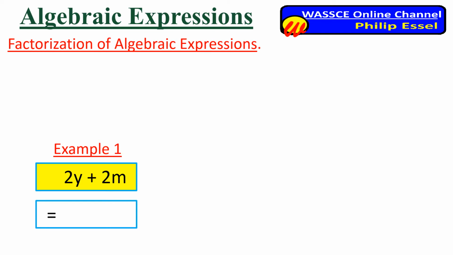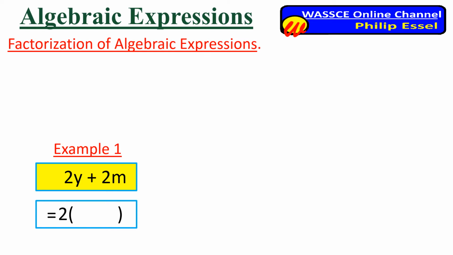We can rewrite this algebraic expression in another form, and we can do this by bringing the common item, in this case 2, outside of a bracket, and leaving the items that are not common within the bracket. So let's look at how we can do this. Our common item is the number 2, so let's write it outside of the bracket. Then we'll write our uncommon items within the bracket.